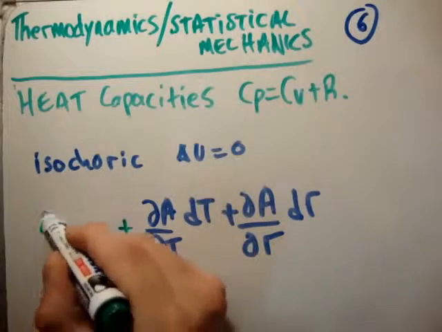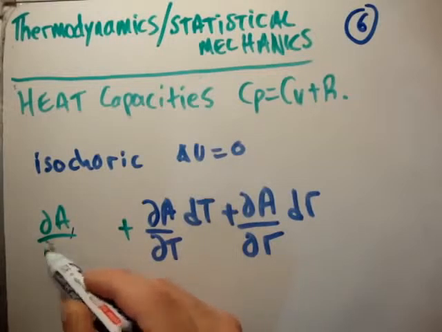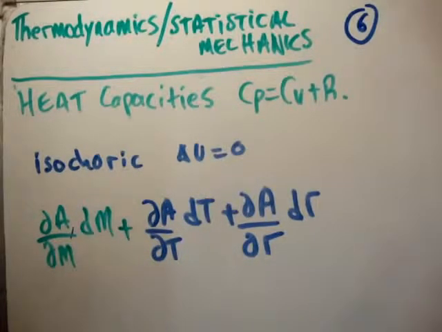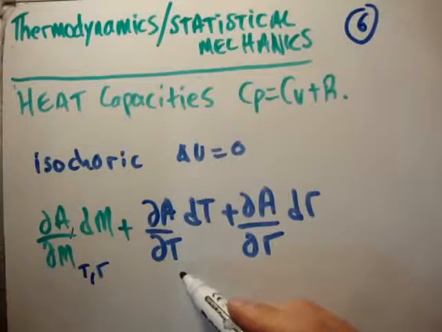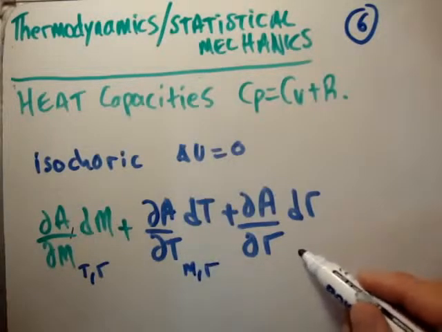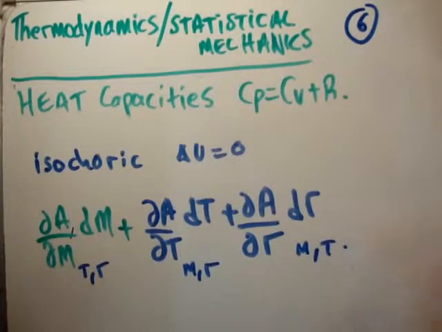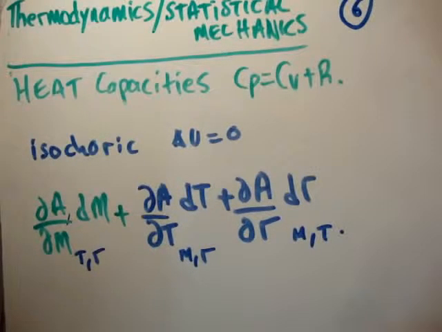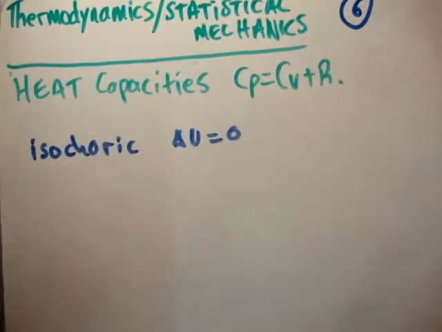I'll do another one, del A del M dM. So another way, if we really wanted to, we could write down subscript T, subscript R, subscript M, because that's what a partial derivative is. But I suppose that's just being a bit anal. I'm just showing you that for completeness, really.